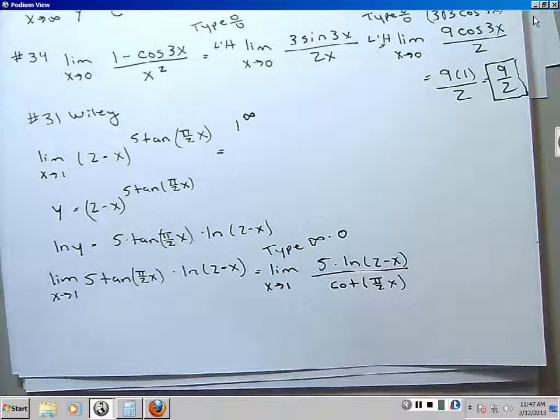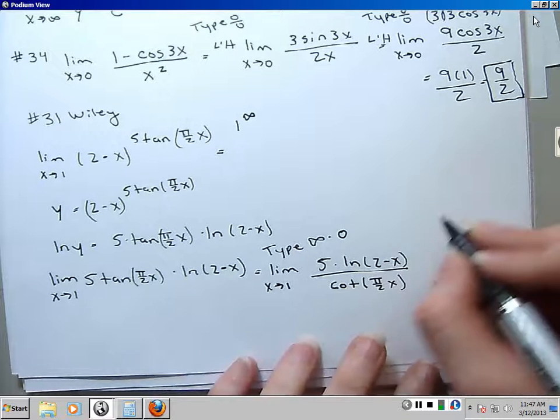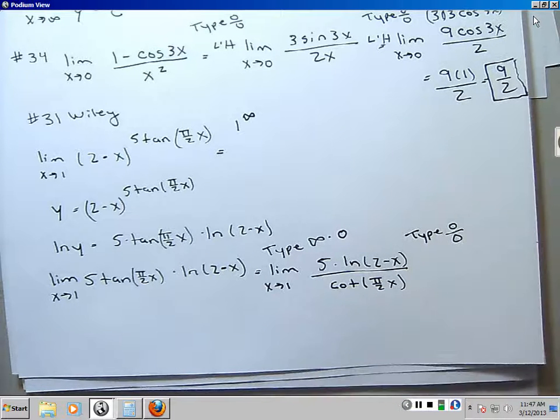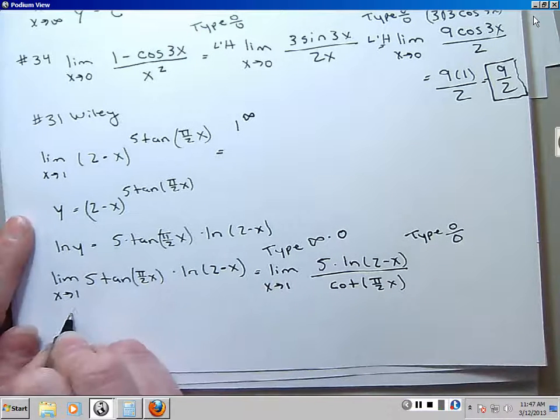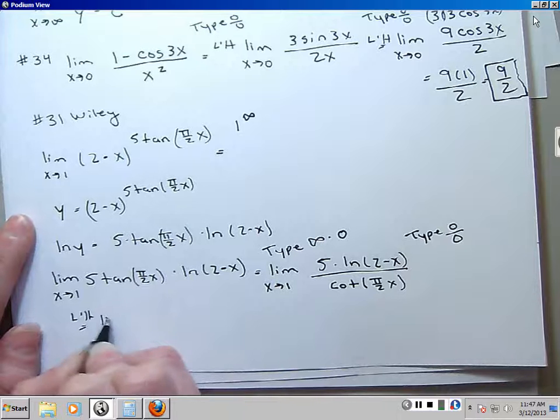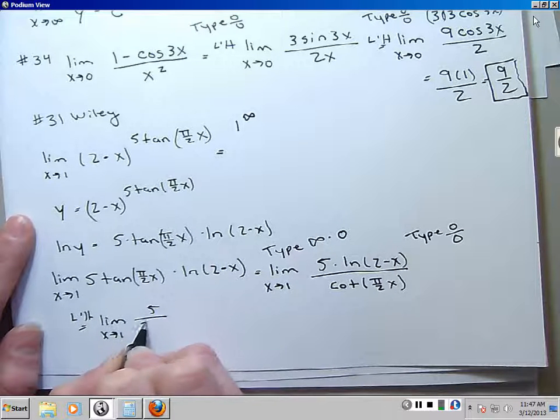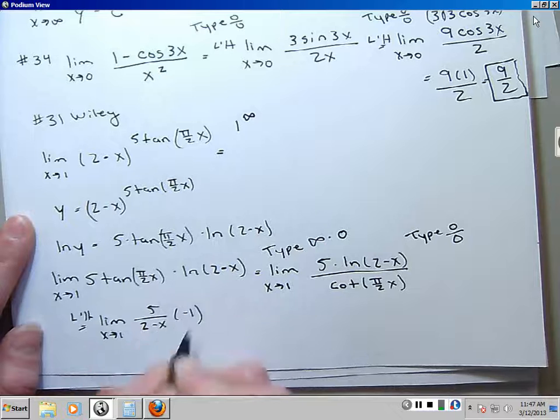That goes to 0. And ln of 1 goes to 0, so this is type 0 over 0. So I can apply L'Hopital's rule. Applying L'Hopital's rule, I get the limit as x goes to 1 of 5 over 2 minus x times minus 1.